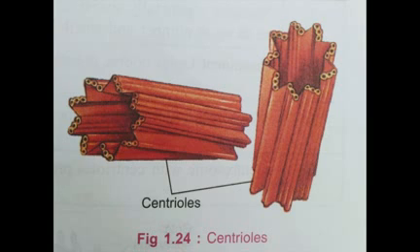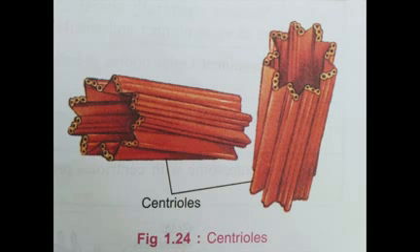The function of centrosome: it helps in the formation of spindle fiber during cell division. Centriole takes part in the formation of cilia and flagella. So these are the functions of centrosomes.